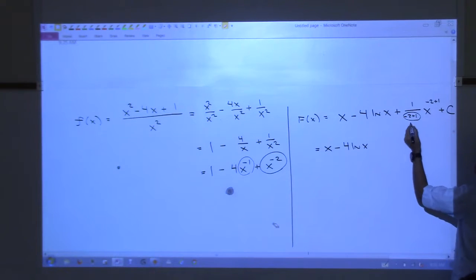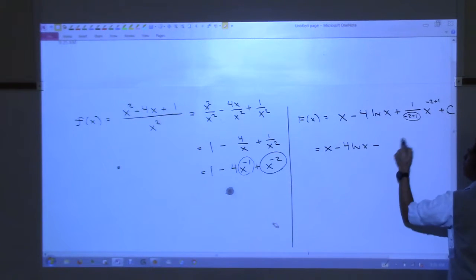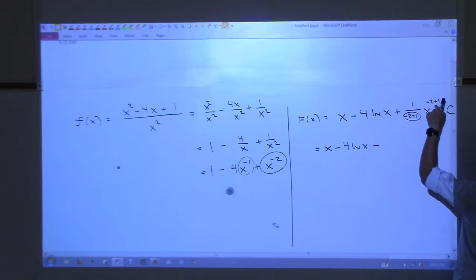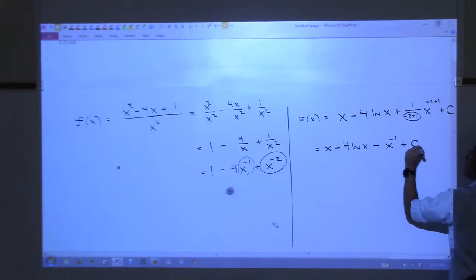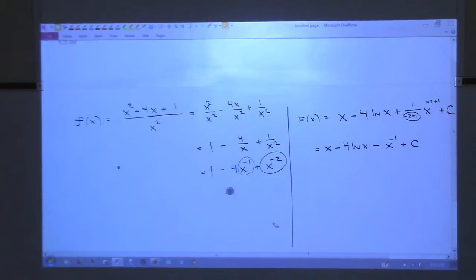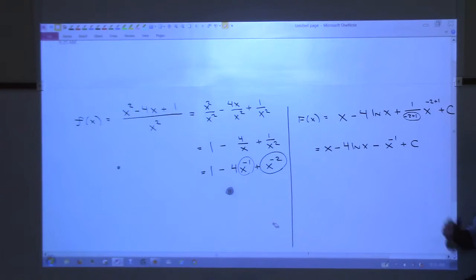This is negative 1, right? 1 over negative 1 is still negative 1. So we get negative 1 and then x to the negative 1 plus c. You could rewrite this as minus 1 over x, and then box it up, and that'll be your answer. Or you can leave it with a negative exponent. It doesn't matter. It's the same thing.